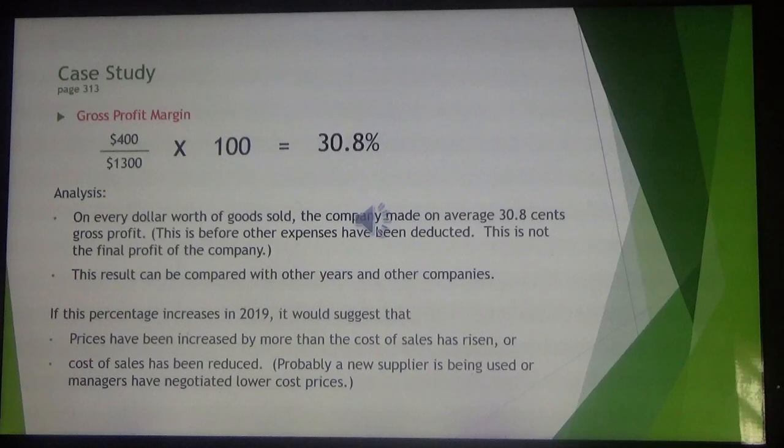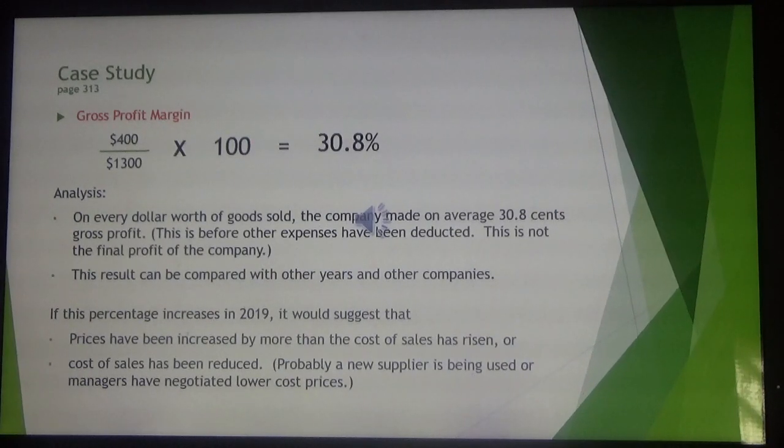In order to come up with the net profit, we have to consider the expenses to be deducted from this gross profit. So now this figure we have here is before deductions will be made. This is not the final profit of the company.